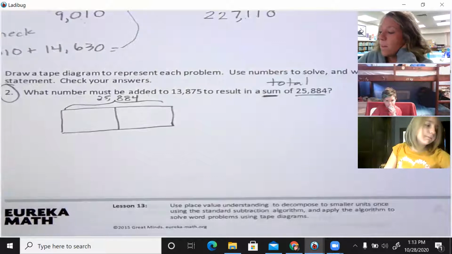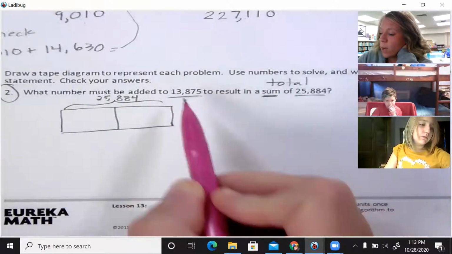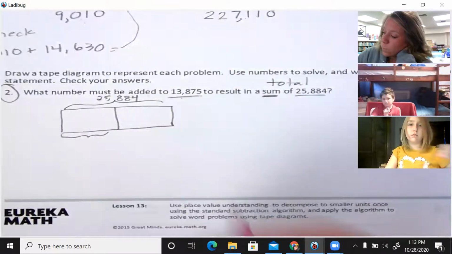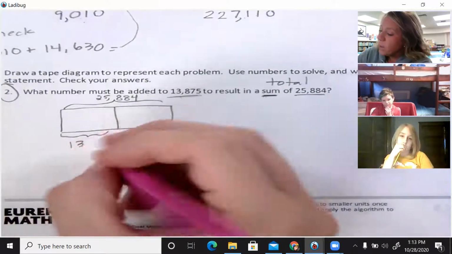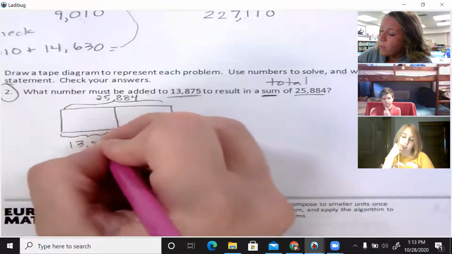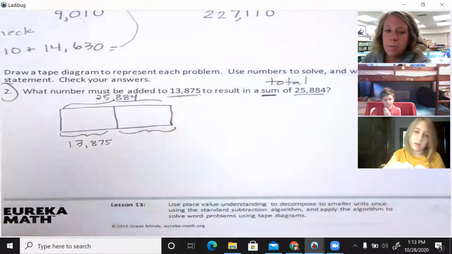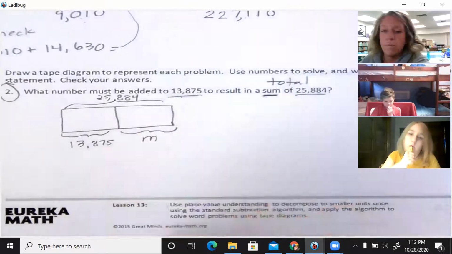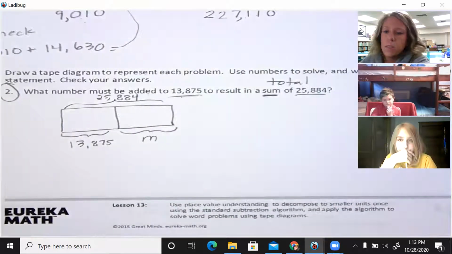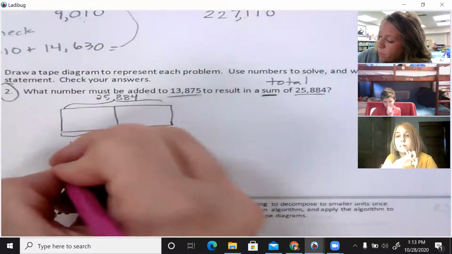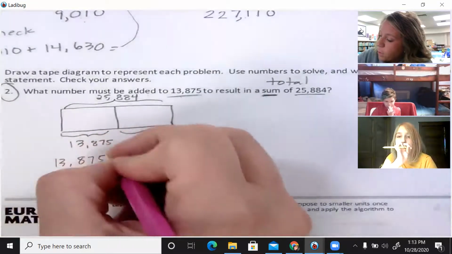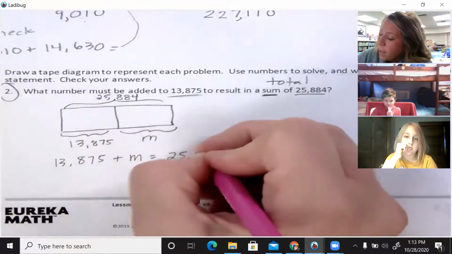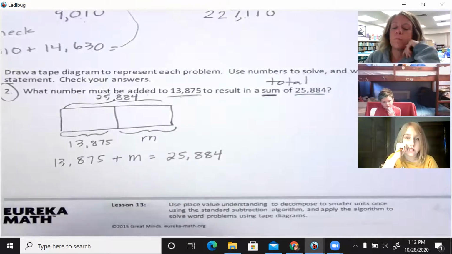I know the amount of one of my add-ins right here, so I'm going to make one of these blocks be worth 13,875. And this block is missing, so we'll do a letter M for my variable. This is telling you that 13,875 plus M equals 25,884.